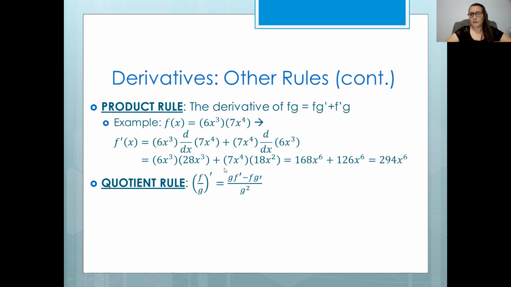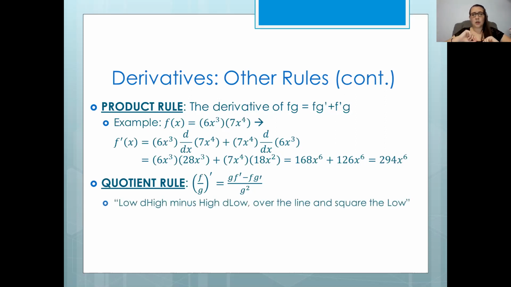The way it's often said is: low d high minus high d low, over the line and square the low. In that phrase, the high refers to the numerator and the low refers to the denominator.